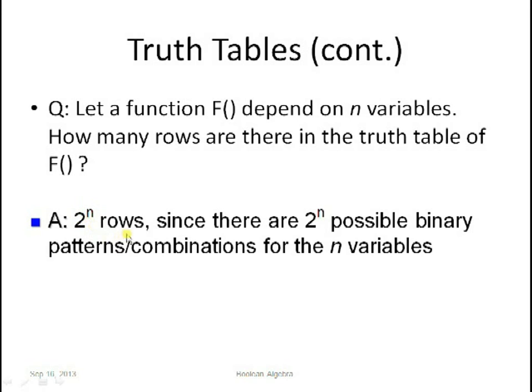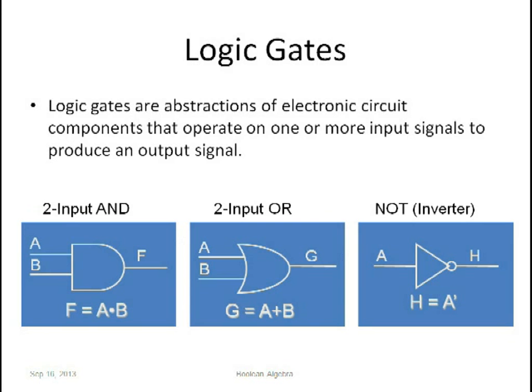So there are 2 power n rows, since there are 2 power n possible binary patterns or combinations for the n variables. For example, if there are 3 input variables, then n equals 3, so 2 power 3 is 8. So this is how we represent the truth tables.